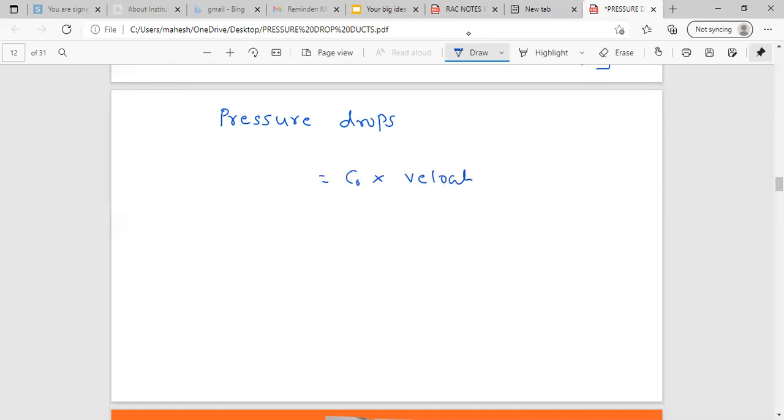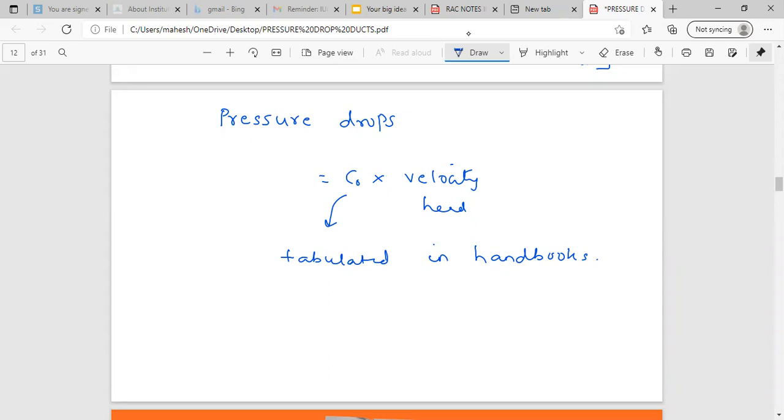These loss coefficients are already calculated and tabulated in the handbooks. And how do we calculate that? By the empirical equations given to you in the theory portion. By using the expressions which we discussed here, we can calculate the pressure drops.